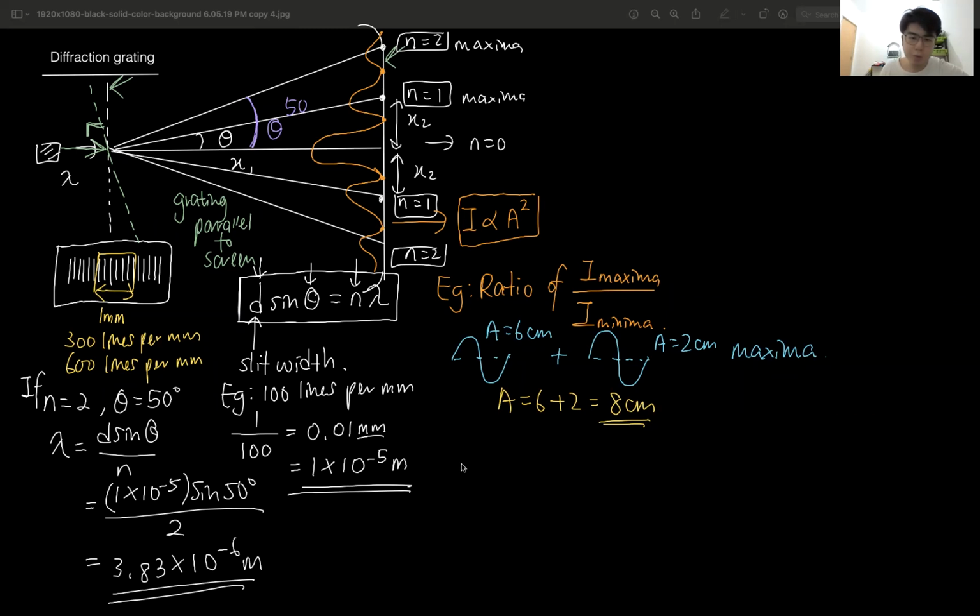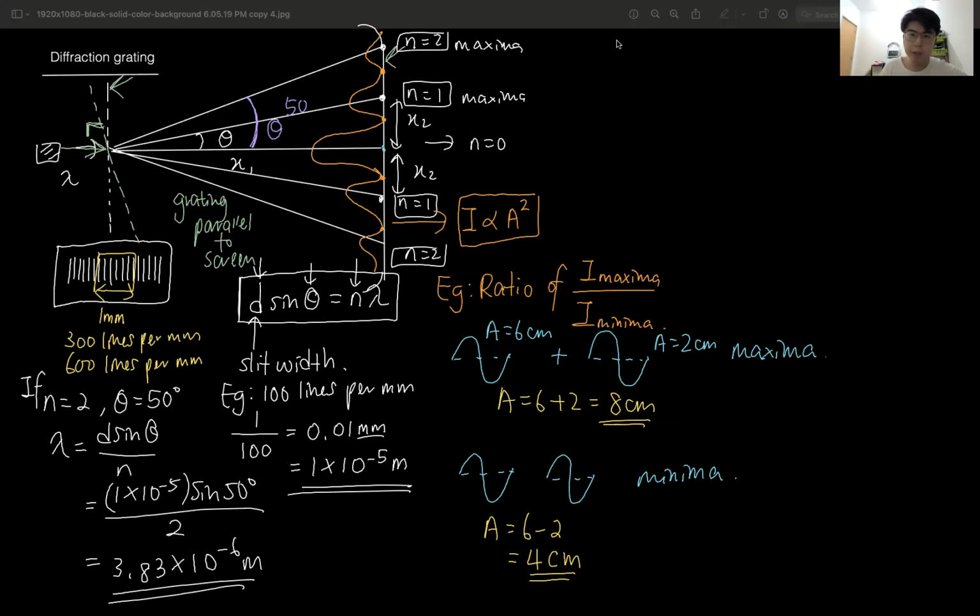And when the same two waves interfere at the minima, what is the amplitude? The absolute amplitude equals 6 minus 2, which equals 4 cm. This is at the minimum.